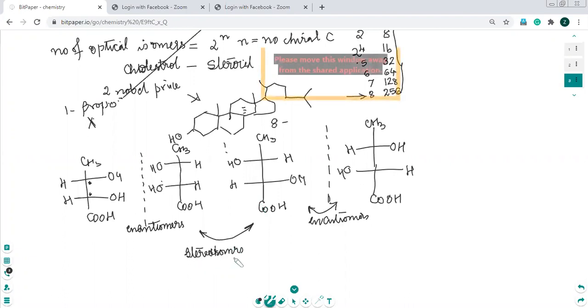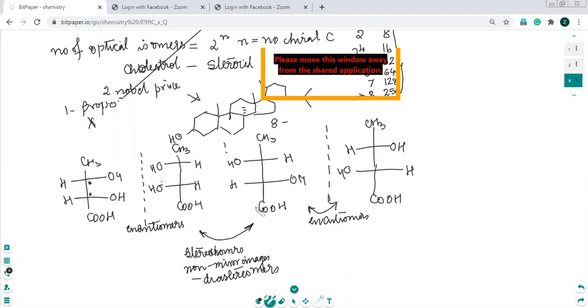Stereoisomers which are non-mirror images are called diastereomers. They are known as diastereomers.